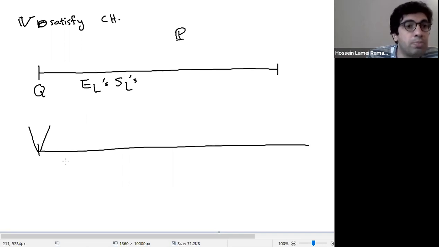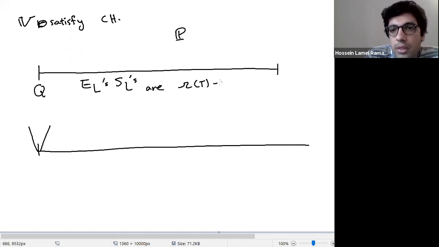So it's an iteration of a bunch of improper posets, but the whole thing is going to be sigma closed. Okay, so we are going to preserve omega 1 because it's sigma closed, but we have more clear machinery to prove that. The first poset was sigma closed, and the rest of the posets were omega t complete. So ELs and SLs are omega t complete.